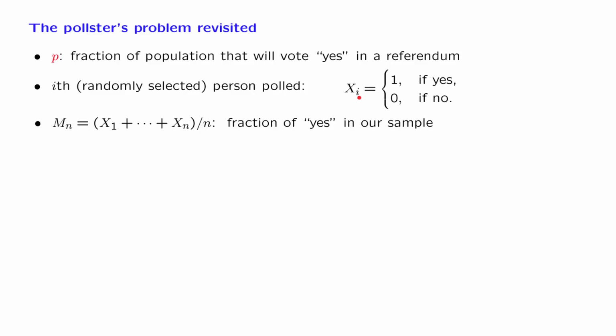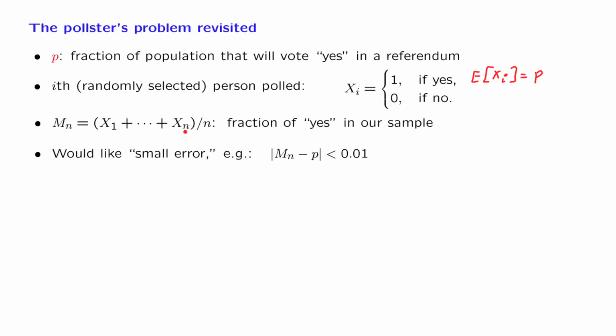By the assumptions that we have made, these Xi's are independent Bernoulli random variables, and their mean is equal to p. We count how many X's were equal to 1, that's the number of yeses, we divide by n, and that gives us the fraction in the sample that have responded yes. This is the sample mean of the X's. And we use this sample mean to estimate the unknown fraction p.